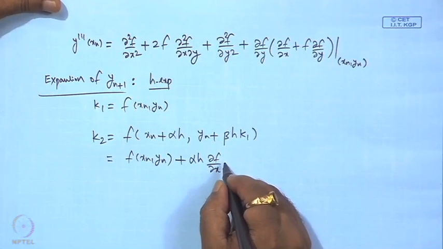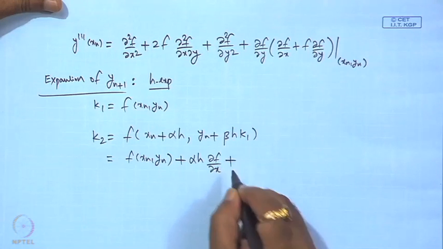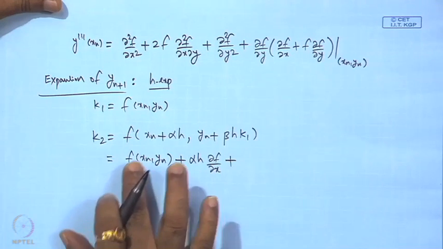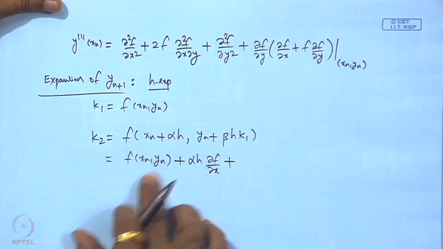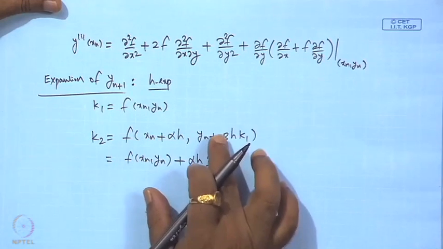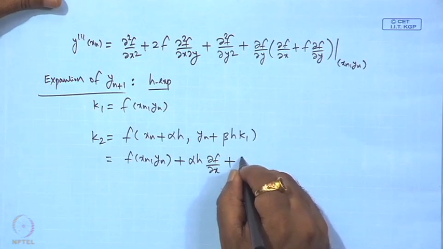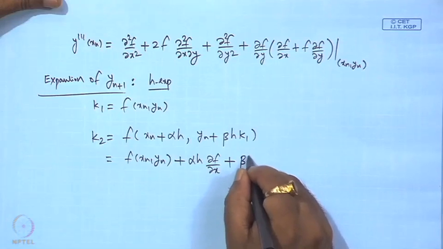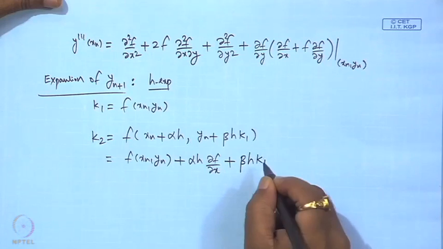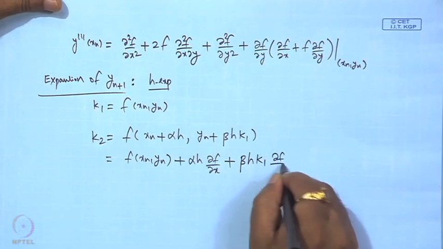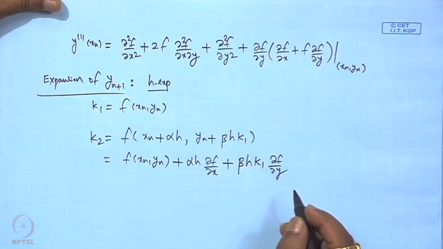Okay. Plus, now first order terms I am writing: first f expanded with respect to this, then the first order term with respect to this variable, so that will be beta h k 1 dou f by dou y.